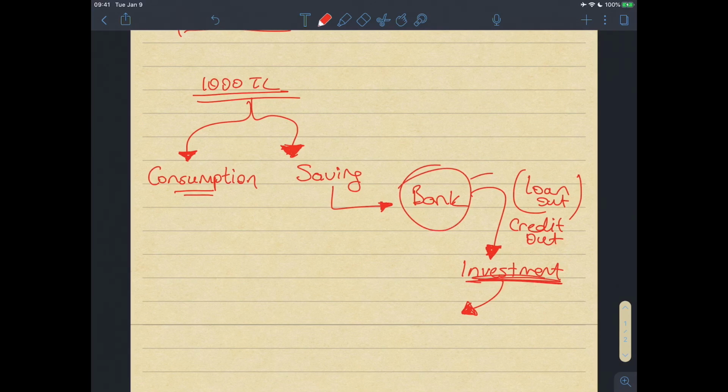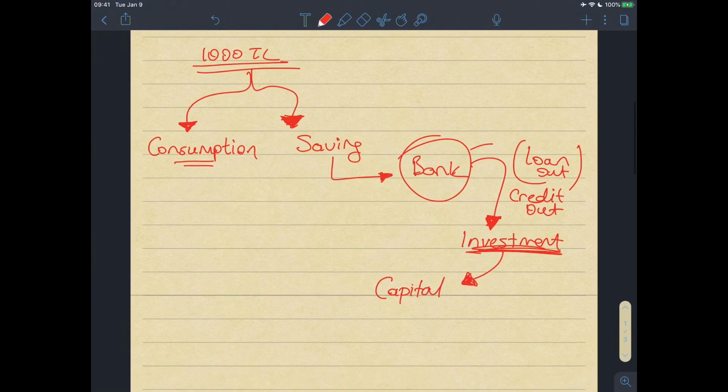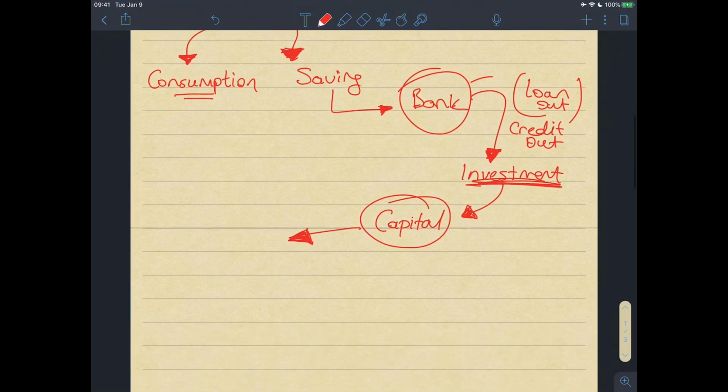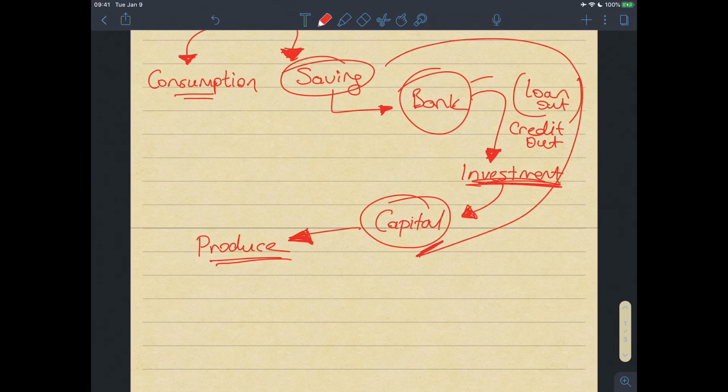This money turns out to be investment, and he's going to use that money to buy, for example, trucks, cars, or computers. Then he's going to use that machinery in his factory, and he will produce more. When? In the future, because you saved today, and this process will take time, and the increase in production will happen in the future.